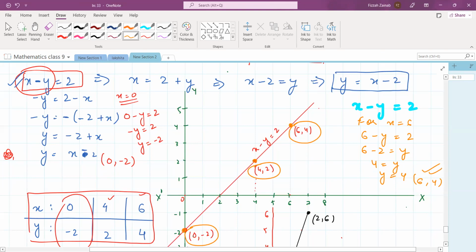And these are only three cases I have taken. I can take infinite values of x, isn't it? I can take any value of x. It's my choice. So that means this equation is going to have an infinite number of solutions. And where will they fall? They all will fall on this line. Is this understood?